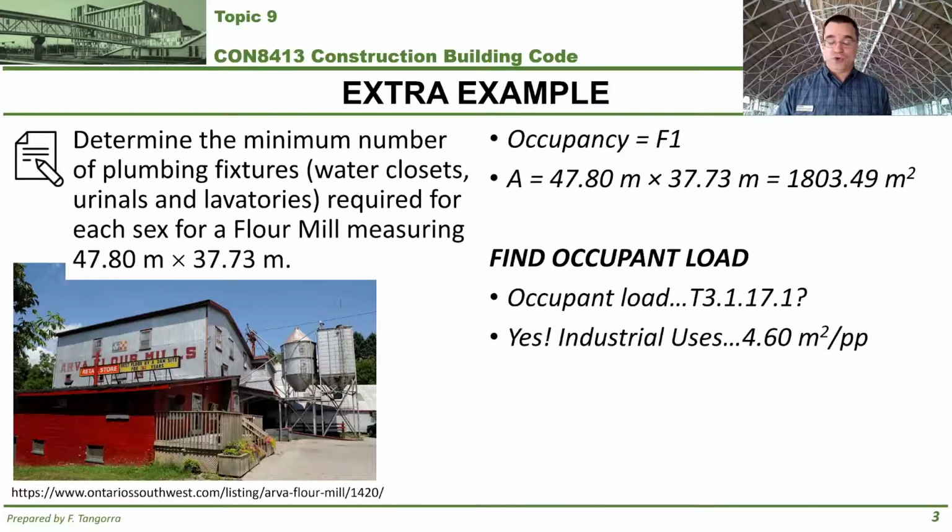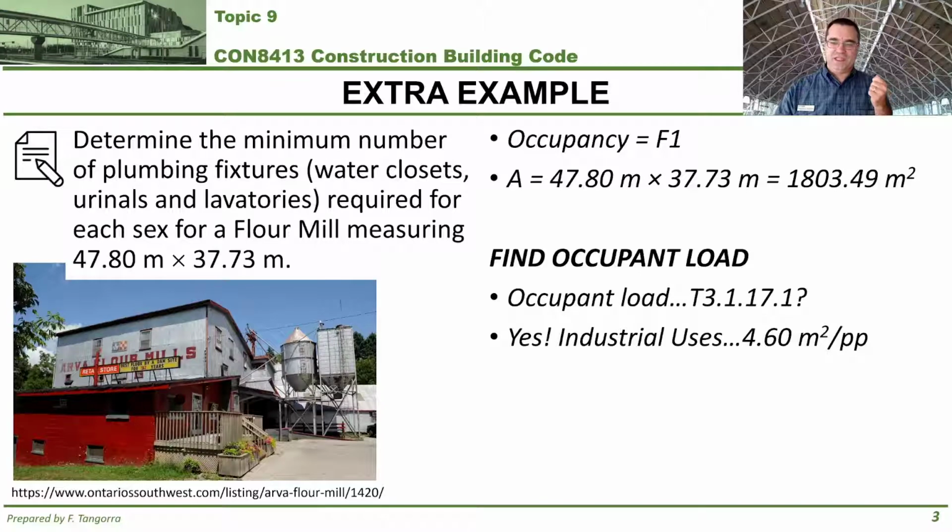This is an industrial occupancy, so we can use that table. So we go to the table, we scroll to it, we do not go to the bottommost set of rows because that's not industrial. We go to the industrial row and we select 4.60 square meters per person because it's the most appropriate based on the choices we're given for industrial occupancies.